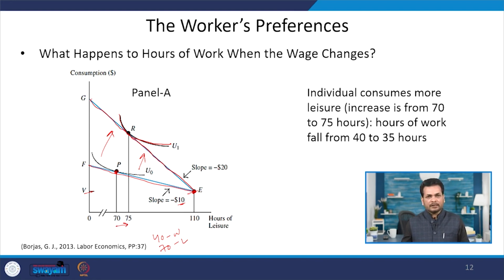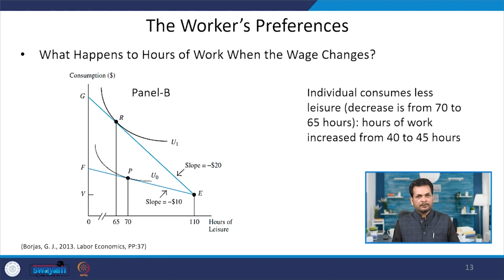Let me give you another situation. In this situation, the same effect, the worker's wage rate has increased from 10 to 20, so his opportunity set has increased from EF to EG, and the worker has moved from point P to point R while maximizing his satisfaction by consuming both leisure and work.